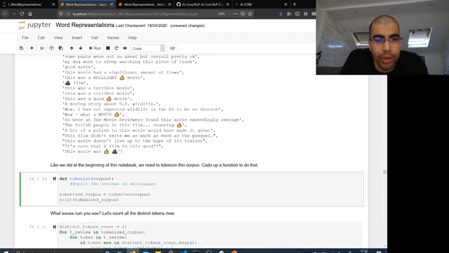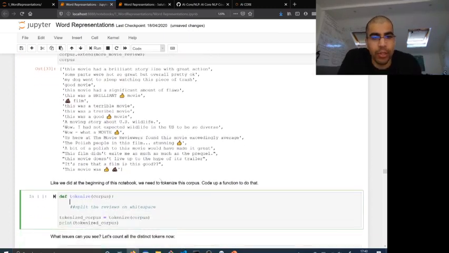Okay, so we want to tokenize this corpus, and how we're going to tokenize it right now is just splitting on white space.